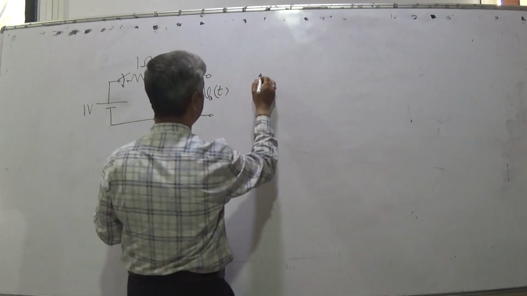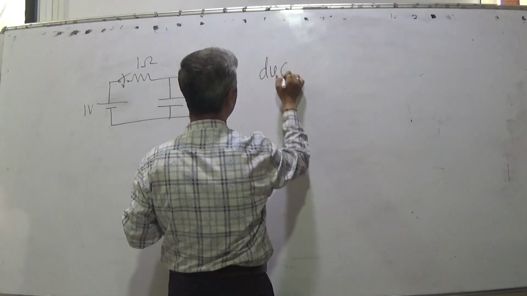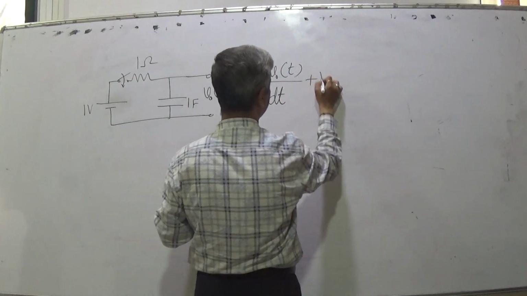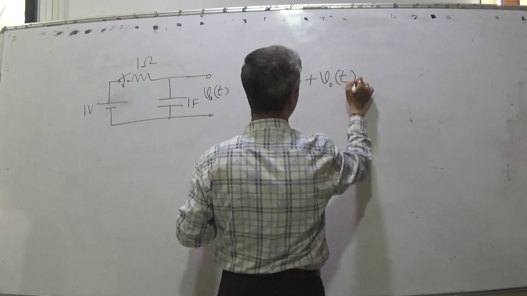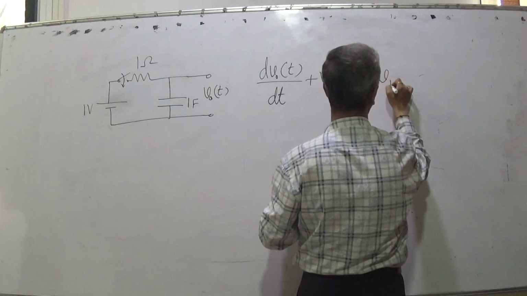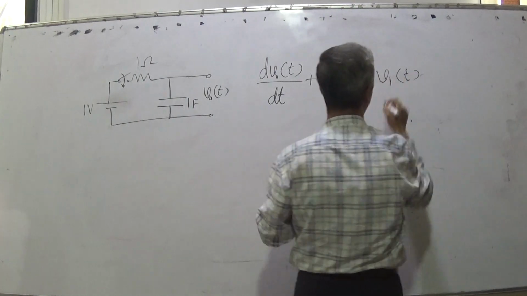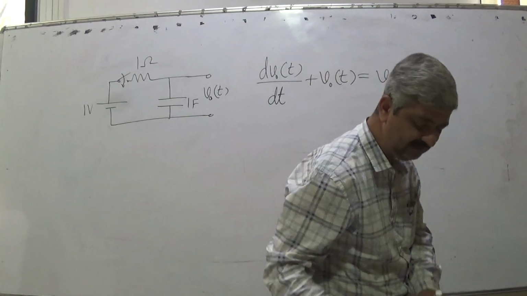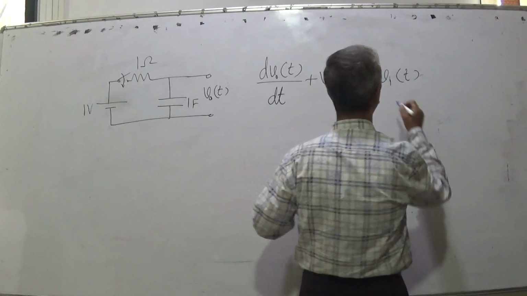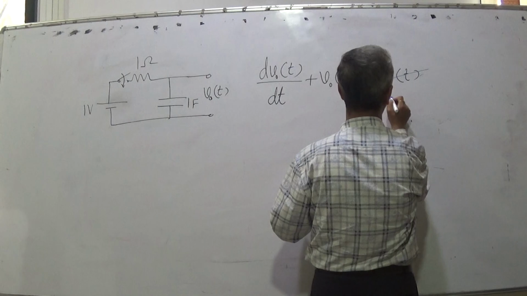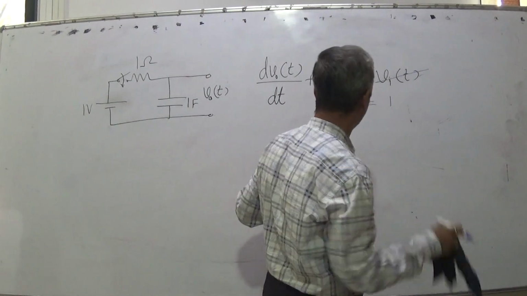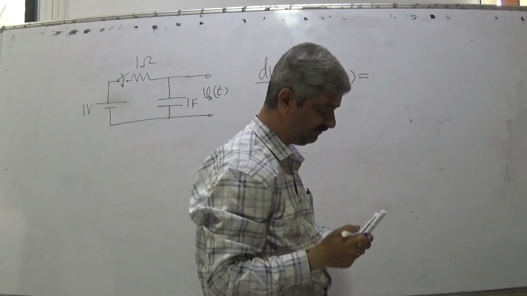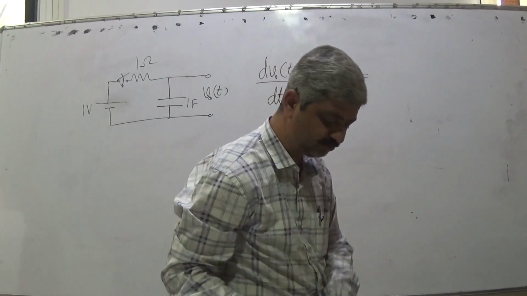So the differential equation is dV_out(t) by dt, because R is 1 and C is 1, plus V out(t) is equal to V in(t), which is now 1, because I know it. So when I close the switch, the differential equation gets reduced to this form.